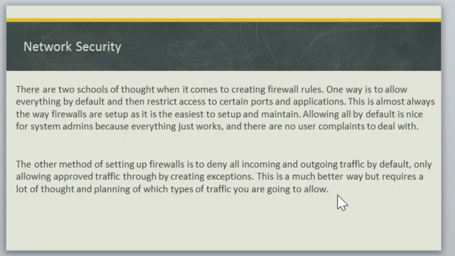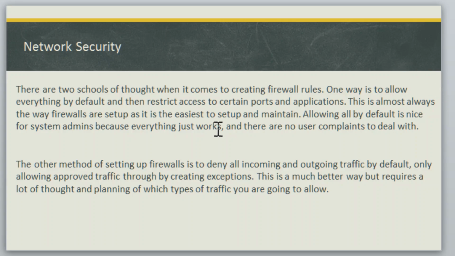That's the perfect world, though. There is another way we can do it, and the other method is setting up firewalls to deny all incoming and outgoing traffic by default and only allow approved traffic through by creating exceptions. This is a much better way to do it, but it requires a lot of thought and planning on which types of traffic you're going to allow. So you can allow everything and then just restrict certain ports and applications.